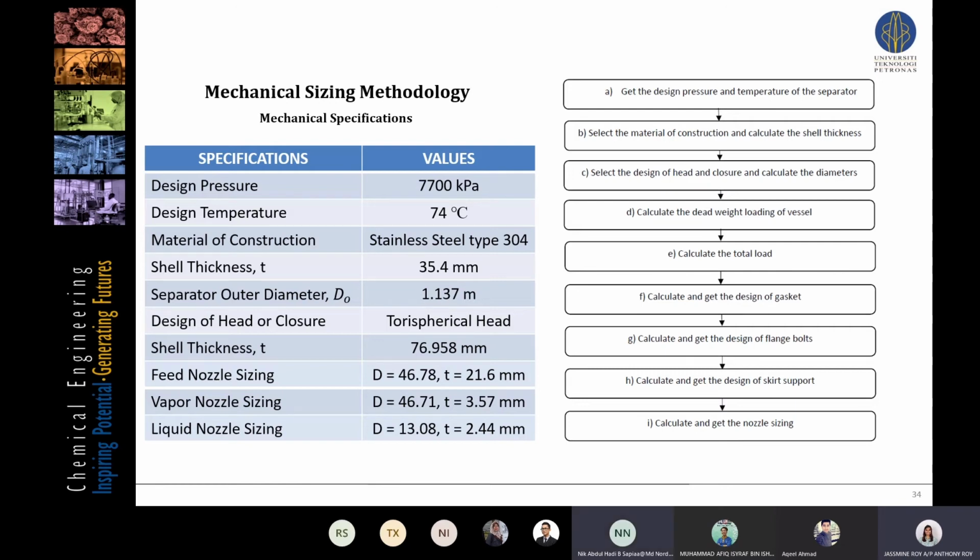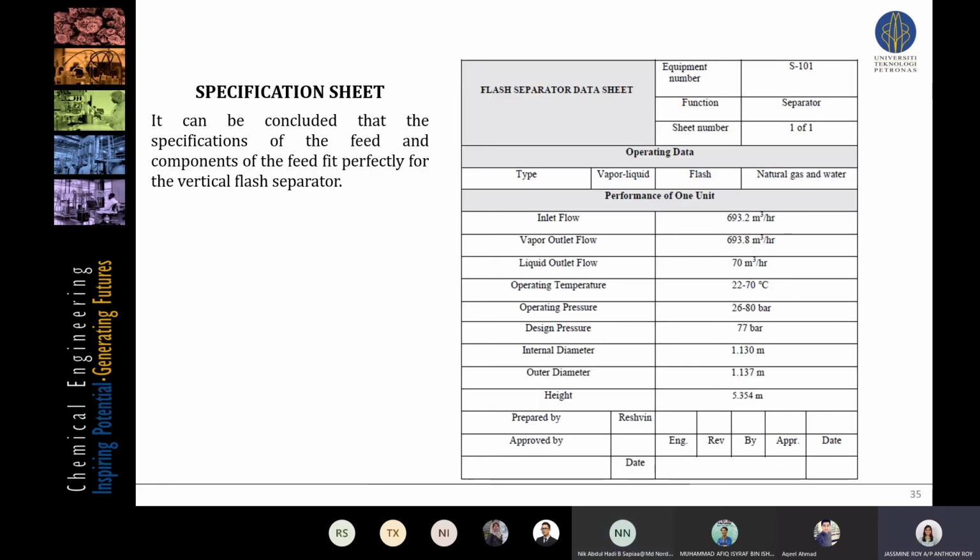Is this slide 34? Yes, sir. Next slide. Where is Rashwin? Rash, you there? Sir? Yes, sir.